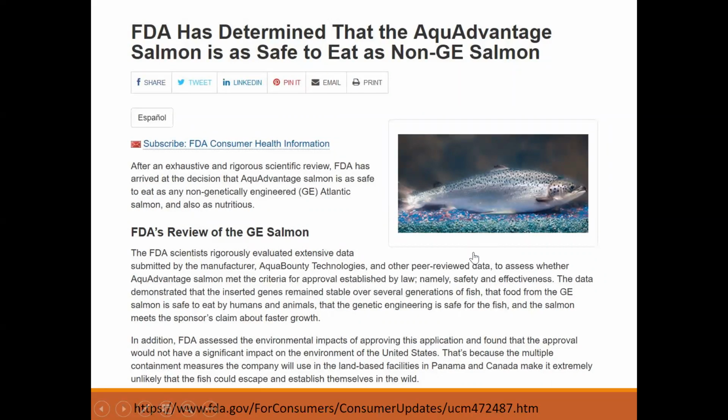And as I recall, you can click on this and it'll take you to the article, but this was the example of a fish that was modified so that it could grow faster and it could also eat different food. Salmon are carnivorous fish, but I believe this was modified so it could eat corn and other grains.